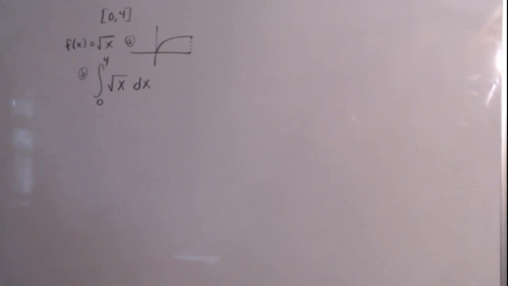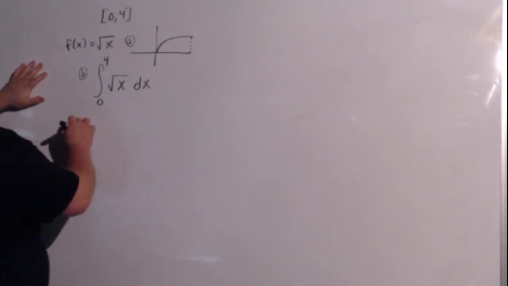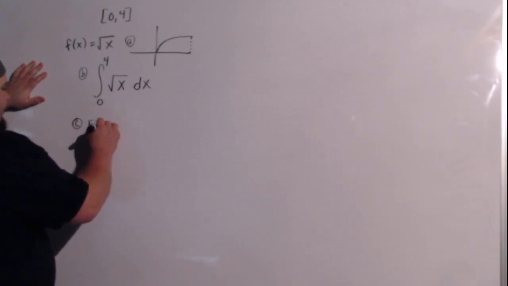Okay. Use the midpoint rule with n equal 8 rectangles to approximate the sum. So the first graph that I showed you was using the left endpoint. We want to use the midpoint. So we have to find all of the endpoints first. So what are these endpoints?